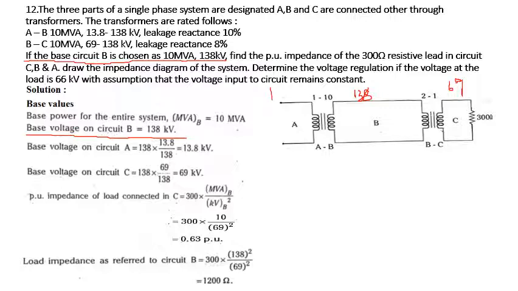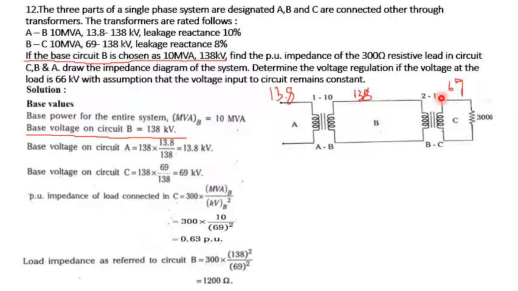So this 300 ohm I need to transfer to the circuit B based on the voltage ratio.